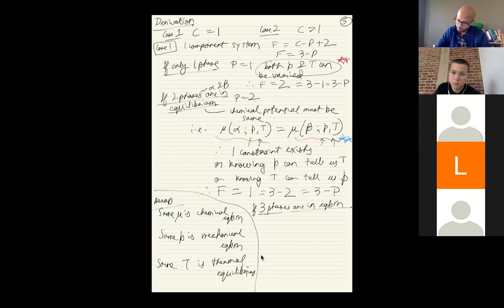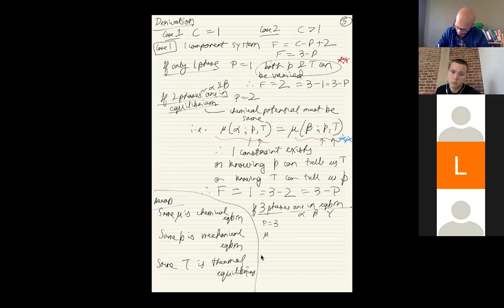So if 3 phases are in equilibrium, let's say these phases are called alpha, beta, gamma. So we have P equal to 3, and we are trying to figure out what is F, the number of degrees of freedom. In general, F would have been 2, pressure and temperature both being varied, like we said for the one phase case. But now we have two equations that we need to be careful for.